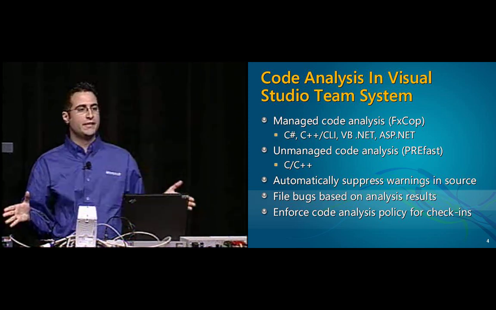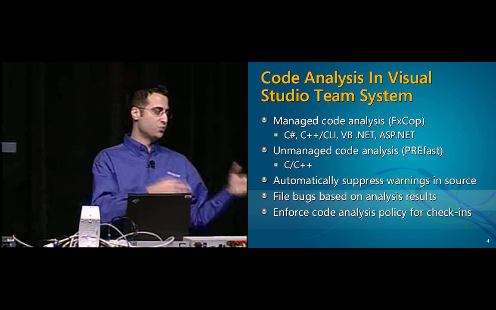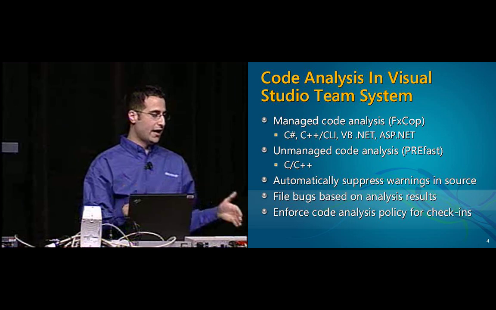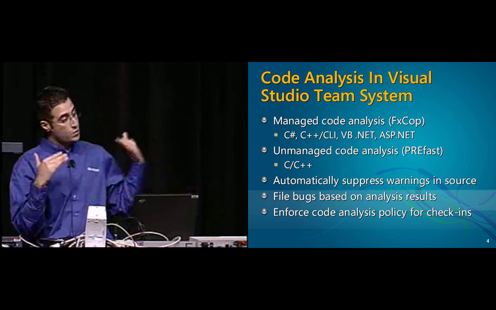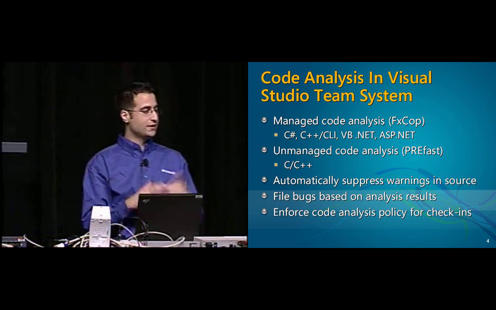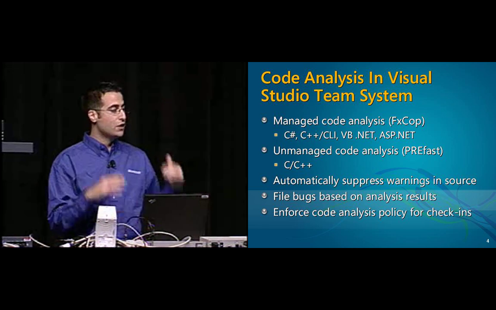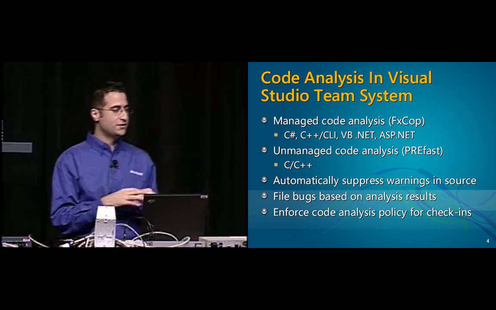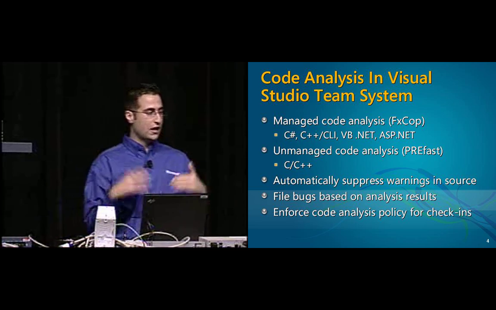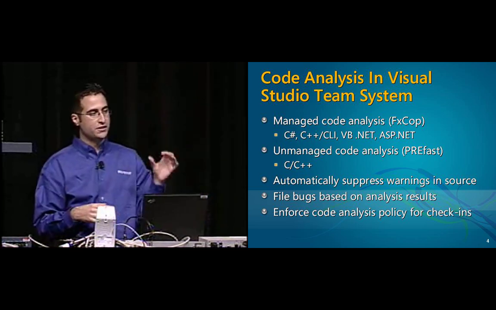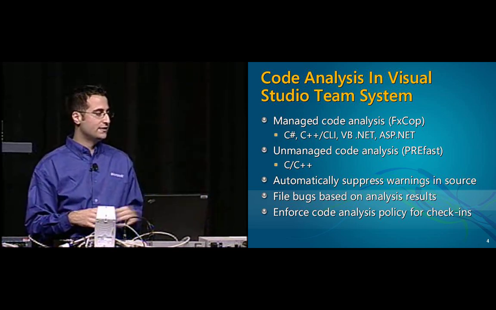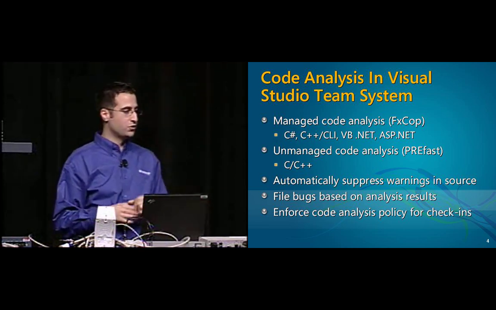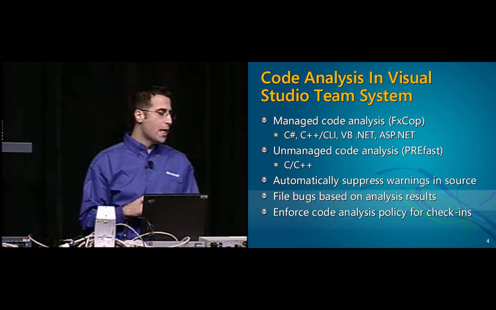It's a binary-based analysis, which is what affords the multi-language support. On the other hand, we have unmanaged code analysis in Visual Studio 2005 for C and C++. And it's a source-based analysis, which gives the added advantage that there are particular kinds of analyses which can only be done if you have access to the actual source code rather than the binary.